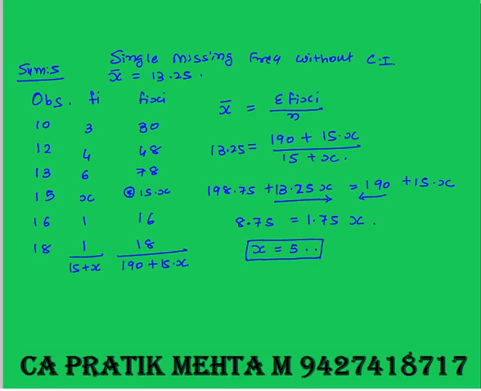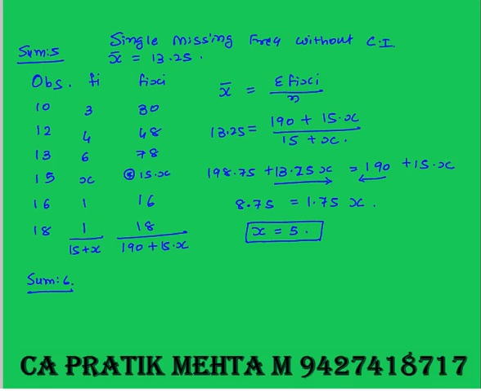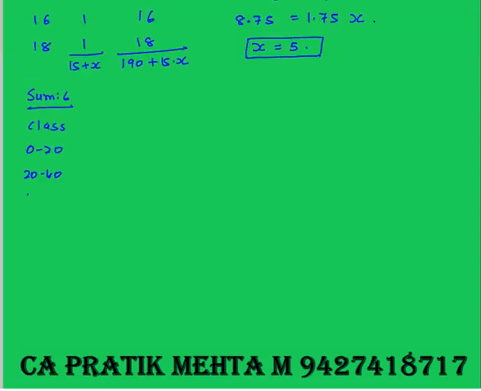Please check the next example, question number 6. The mean of the following frequency distribution is 46. Find the missing frequency. Sum number 6. Okay, let's do it. They have given us classes 0 to 20, 20 to 40, 40 to 60, 60 to 80, 80 to 100 and 100 to 120.